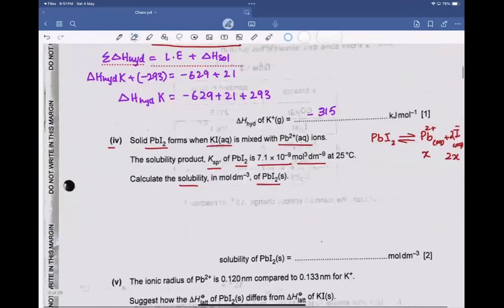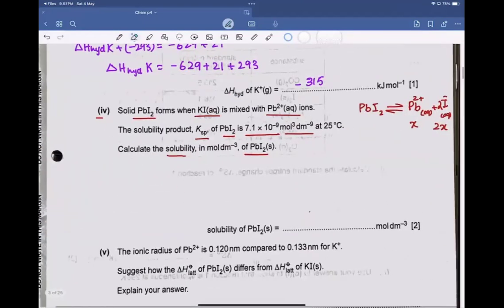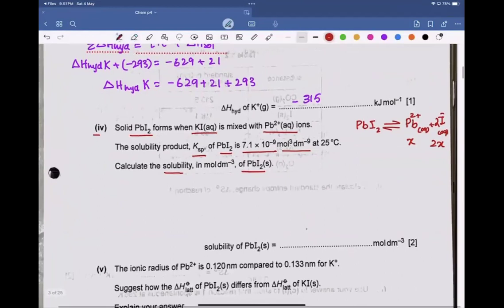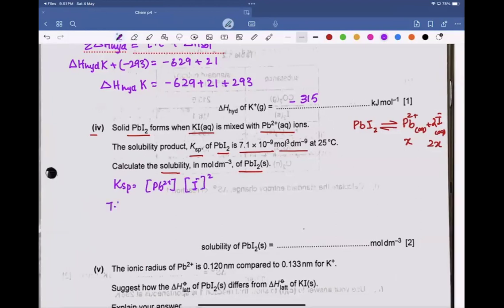Okay. So we have a Ksp. If you look at the equation of the dissociation, and from that, if you write the Ksp expression, the Ksp would be equal to the concentration of lead ions times the concentration of iodide ions squared. We know the Ksp value, which is 7.1 × 10^-9.